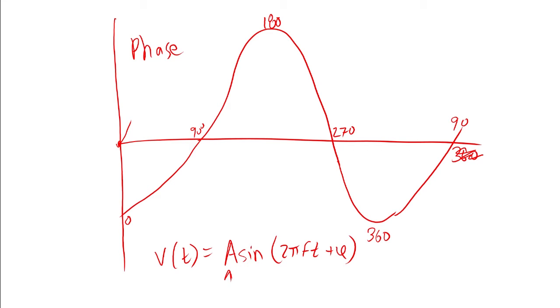So this is the amplitude, and this is the frequency, and this is the phase. And so all we need to know is the time. So at any time we plug into this equation, we can get the value of the signal.